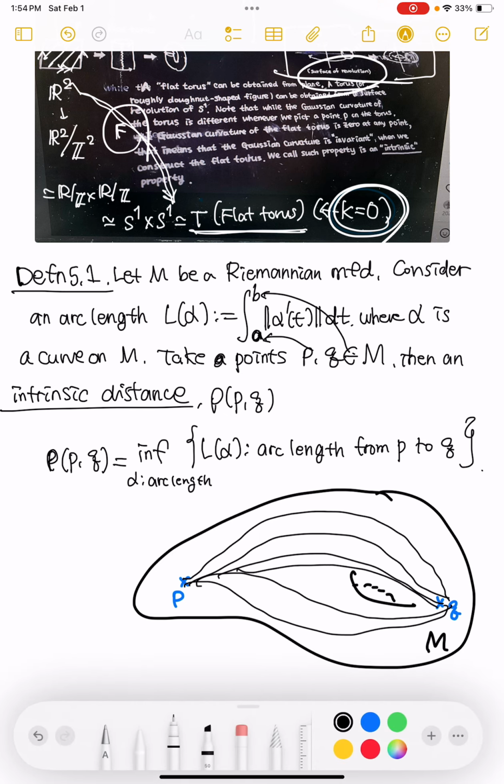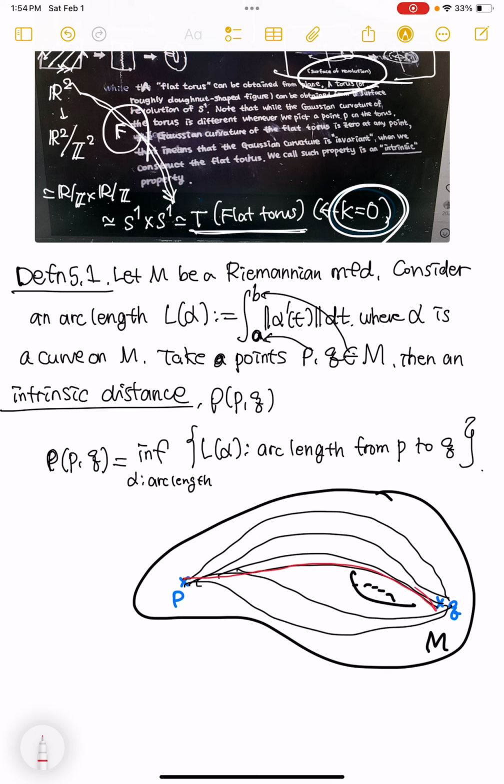But the infimum, that is the intrinsic distance. Along the many curves connecting P to Q, we can find the shortest path if you fix the two points P and Q.